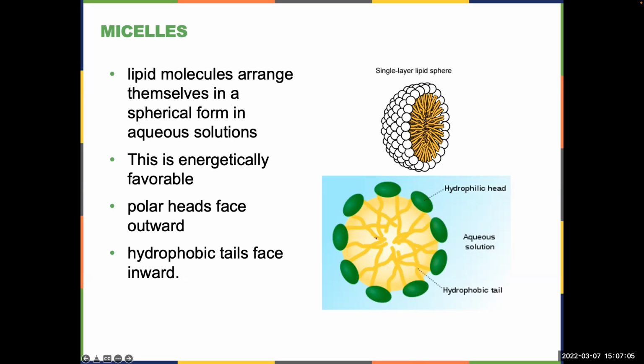It's this specific arrangement where all the hydrophobic tails are staying together away from the water. Okay, so this is energetically favorable. This happens naturally, and only when in an aqueous, or water-based, solution.